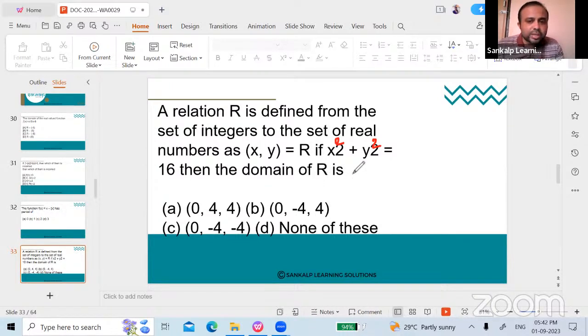The options are: 0, 4; 4, 0; minus 4, 4, 0; minus 4; none of these. Which will be the correct answer?